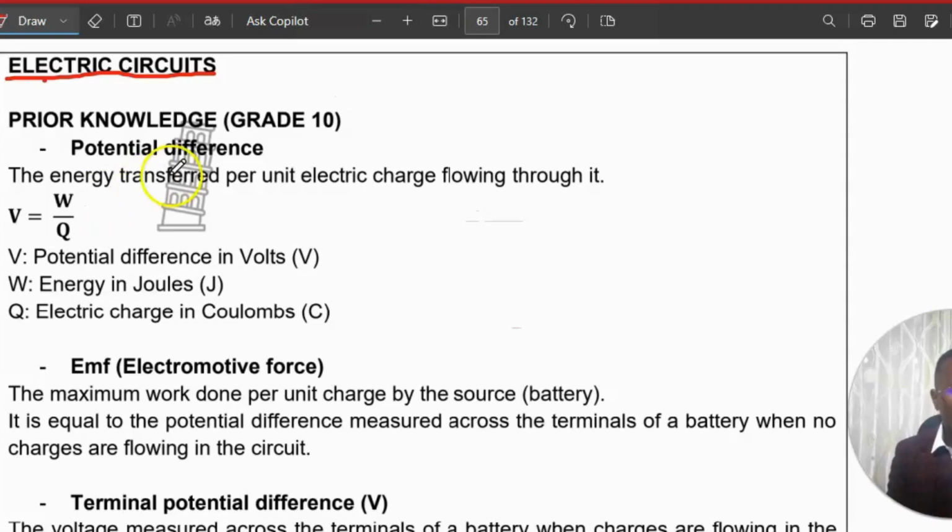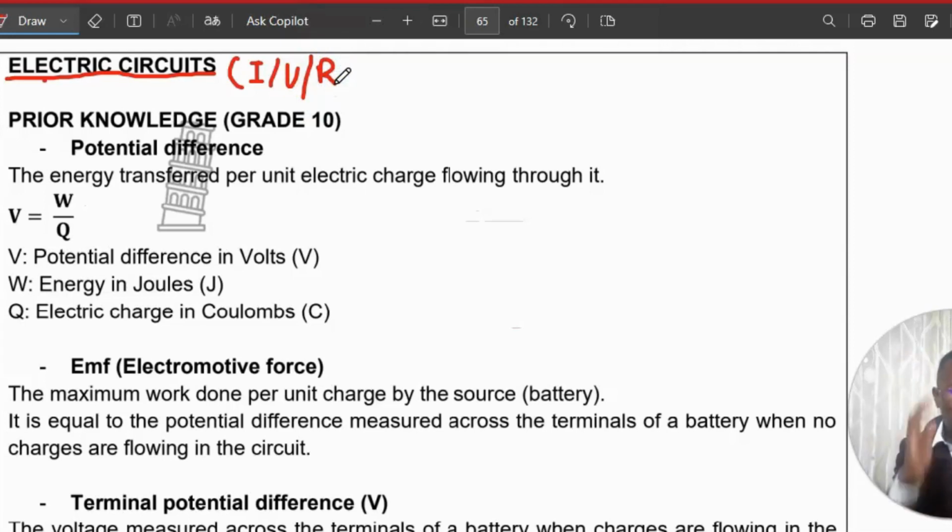Electric circuits. Whenever you hear the word electric circuits, the first thing that must come to your mind should be current, potential difference or voltage, and resistance.